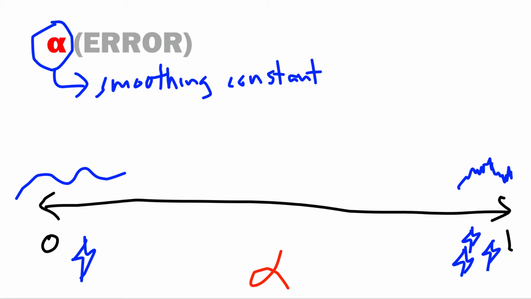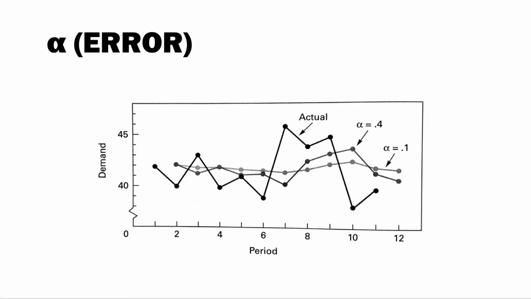Before we do an exponential smoothing example, let's take a look at the information we just covered in graphical form. In this example, we have the actual data marked in black. And once again, the data is very rigid due to its irregular and random variations.